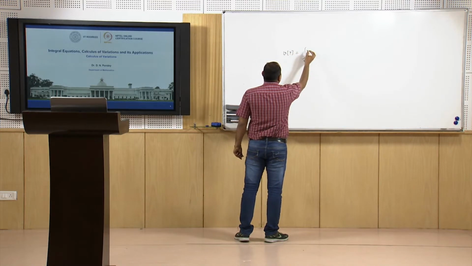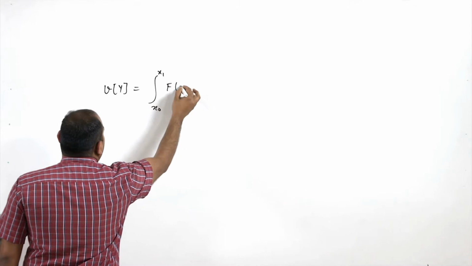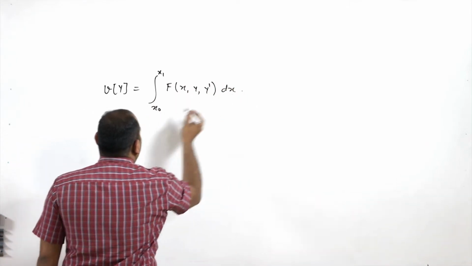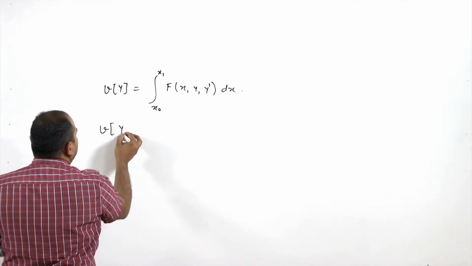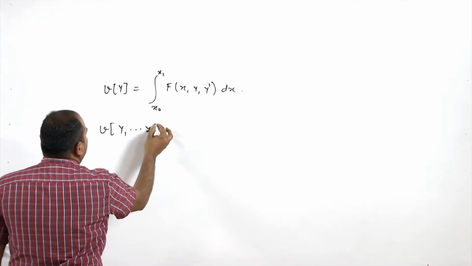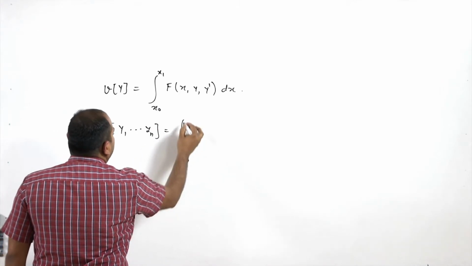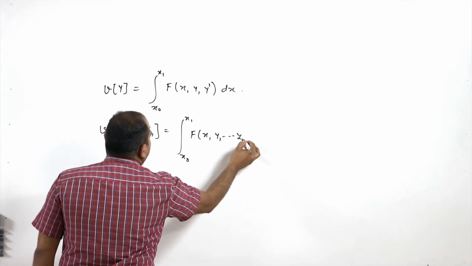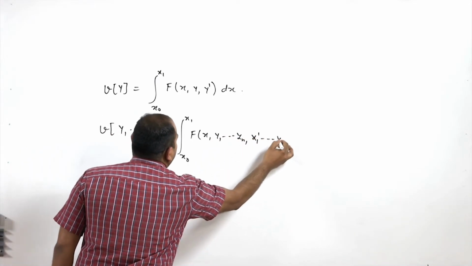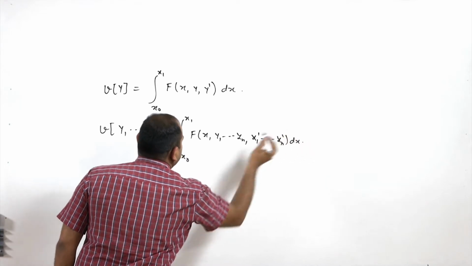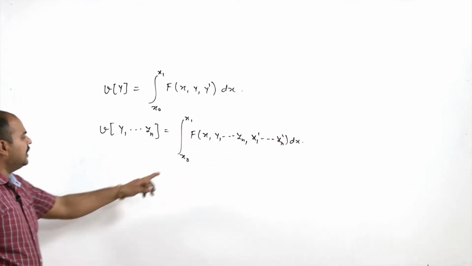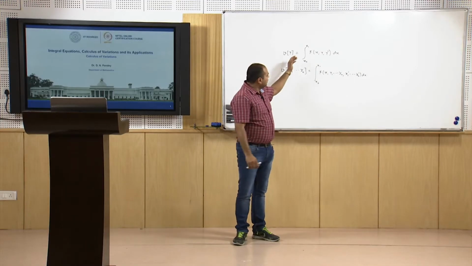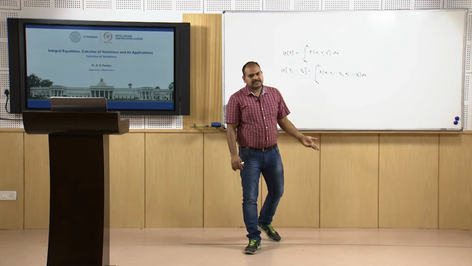We have x0 to x1, and f of x, y, y dash, dx, or if we have more than one curve, say y1 to yn, then it is the integral from x0 to x1 of f of x, y1 to yn and y1 dash to yn dash, dx, provided some boundary conditions are defined at the points x0 and x1. So these problems are known as unconditional extremum.